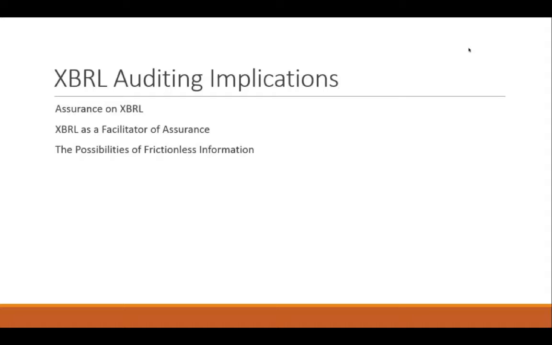Since in XBRL we just add tags to each piece of information, how do we know that the tags we added are accurate to reflect that information? If the tag itself is not accurate, then if we use the tag to generate the financial report, the financial report will not fairly represent the organization's financial statement, right?